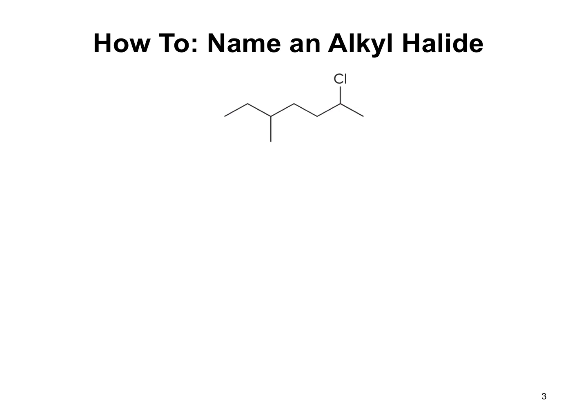Now, we also need to talk about how to name alkyl halides. Naming alkyl halides is very similar to naming alkanes. So the first step is you want to find the parent hydrocarbon chain.